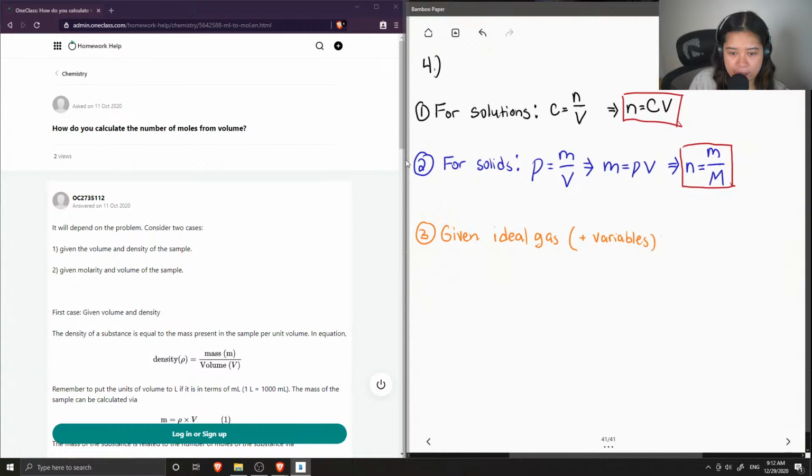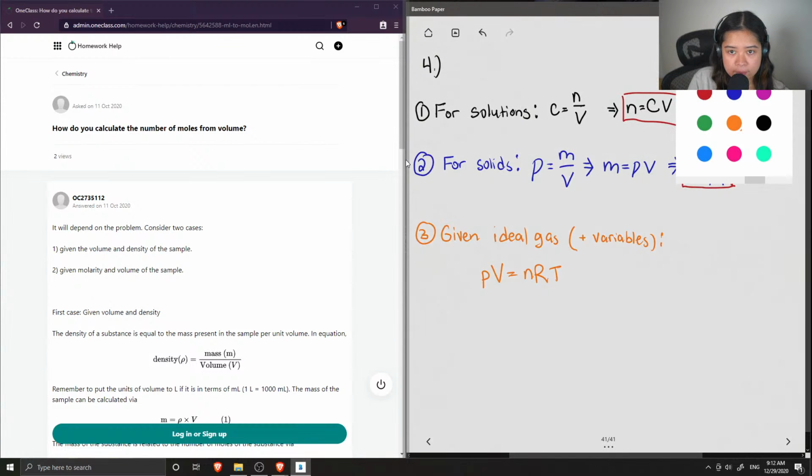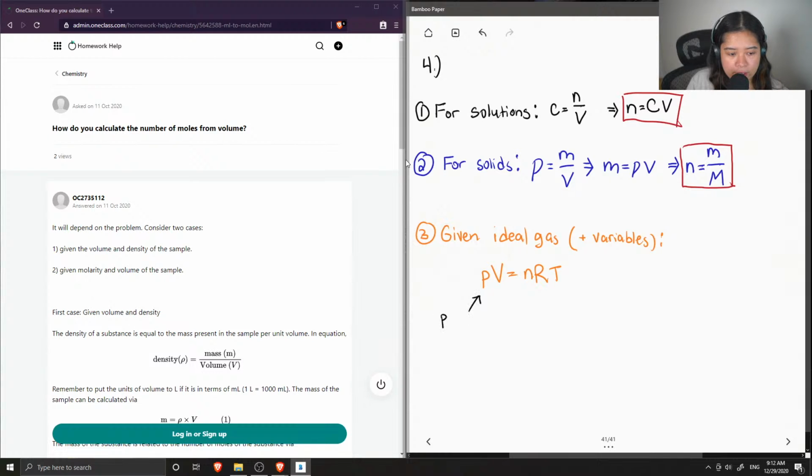So I'll show why. Because if we have the ideal gas equation, PV equals nRT, not only do we need volume, we'd also need the pressure of the system.